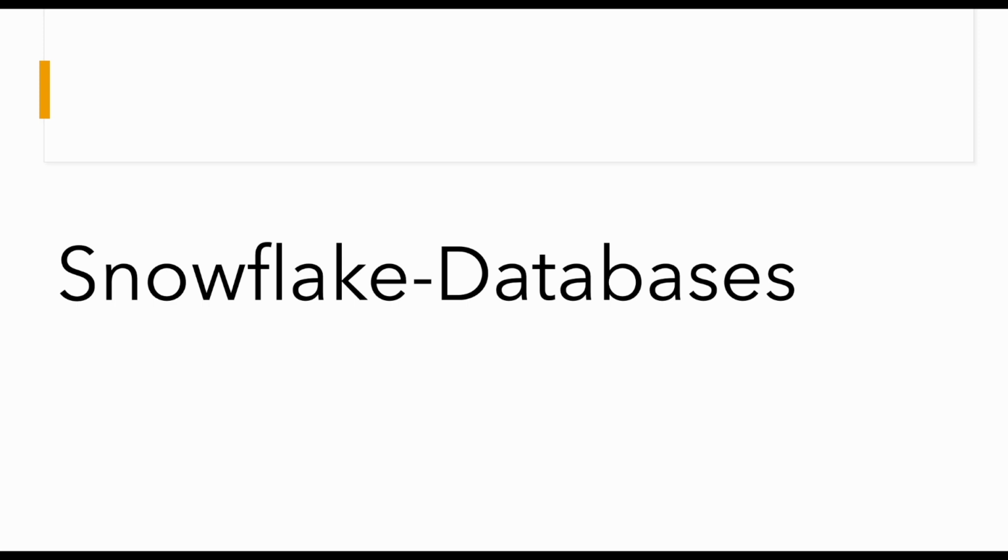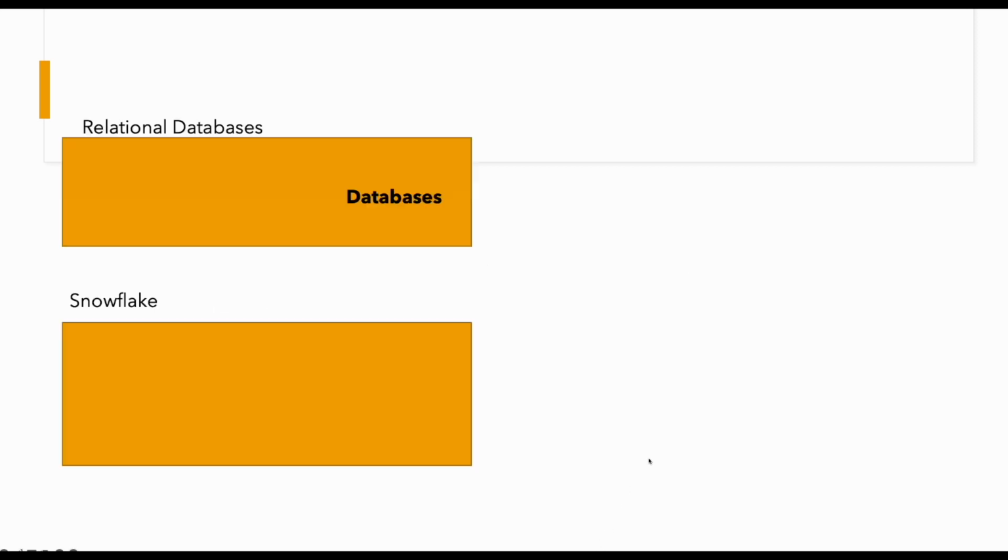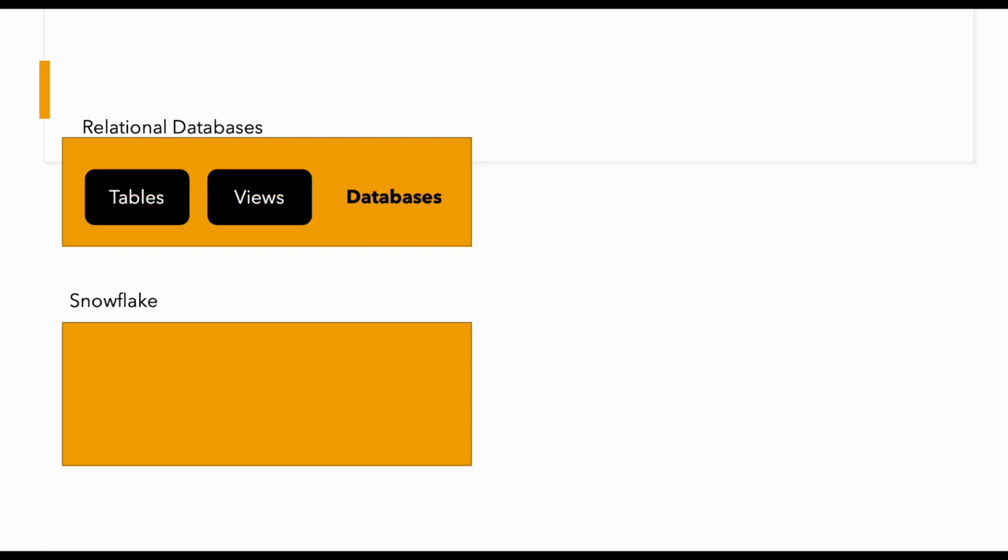So what is a Snowflake database? Let's talk about databases. In regular relational databases, the database basically consists of tables and views. If you don't know what a table and view are, please put it in the comments and I can share some links which I've already done.